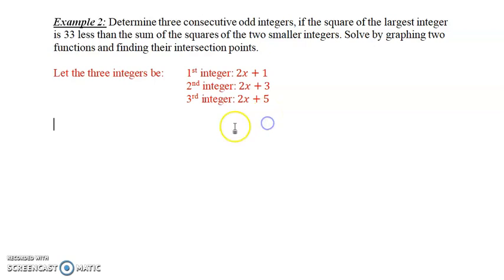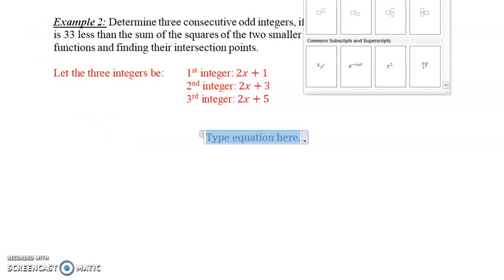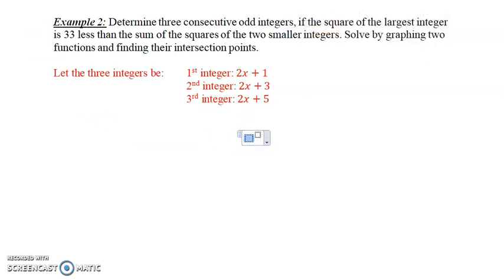All right? Now let's look at what it said. It said if the square of the largest integer, so the largest integer is going to be here. So the square of the largest integer is 2x plus 5.